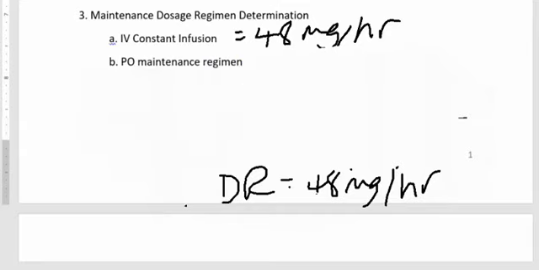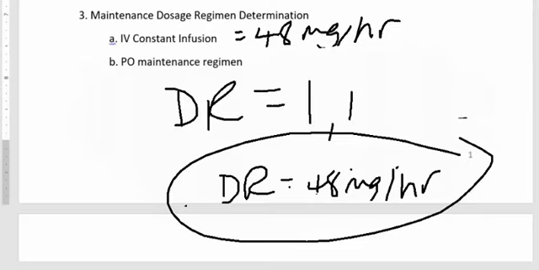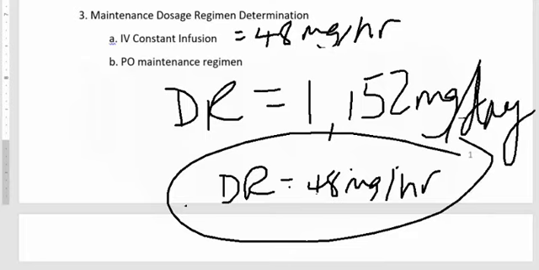So what do we have to do? What I usually do is figure out the daily dose. So 48 times 24 is 1,152 milligrams per day.